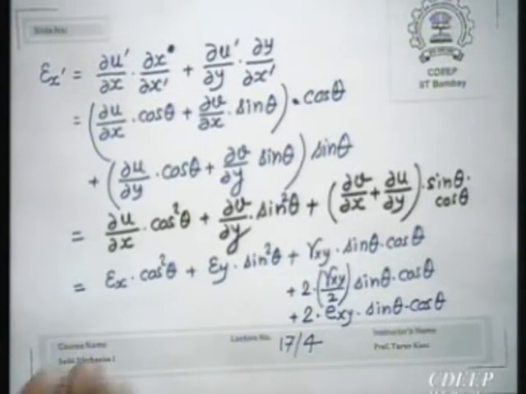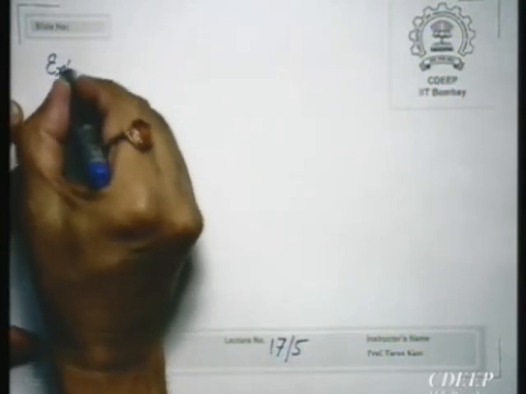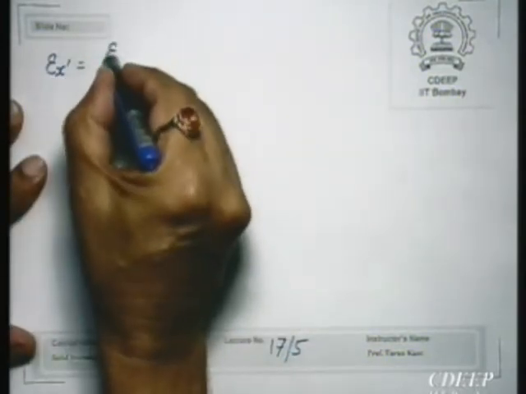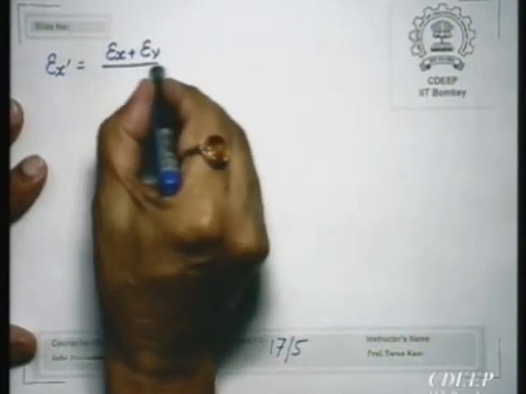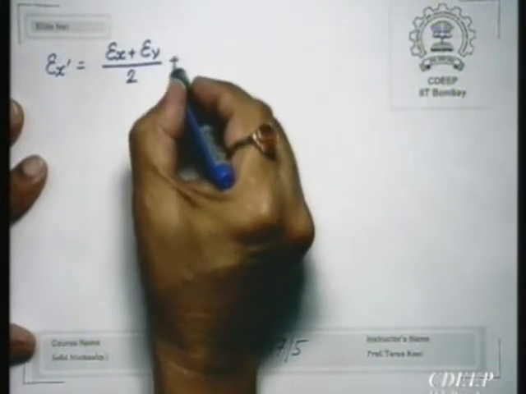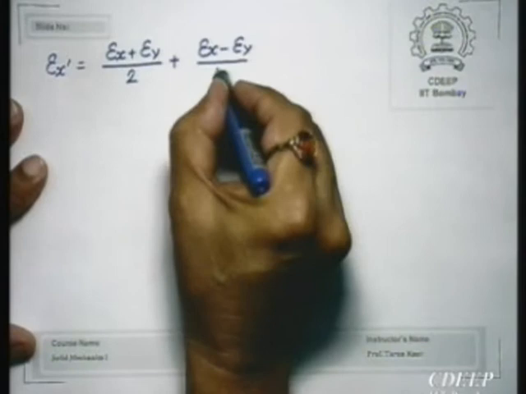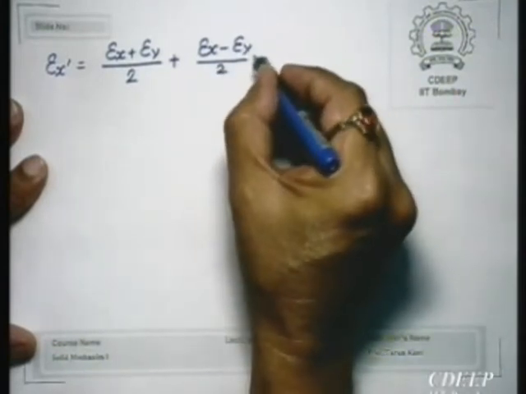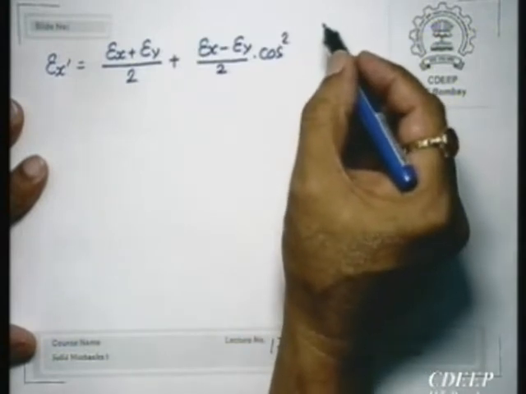Okay. So, please derive for the other two also. I can write this down again the way I did it for stresses. It can be written in angle 2 theta. Into what?